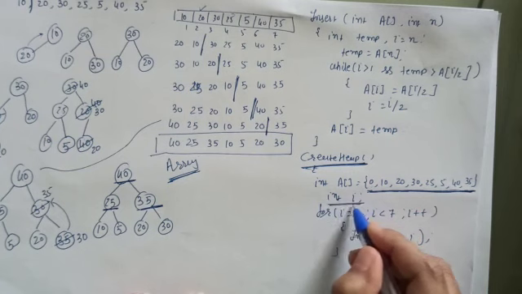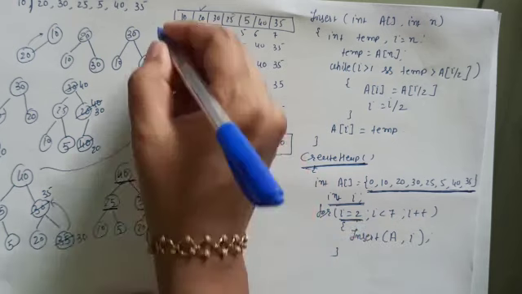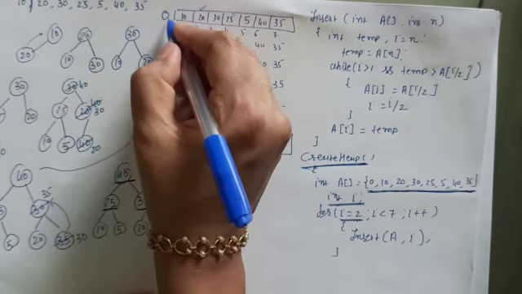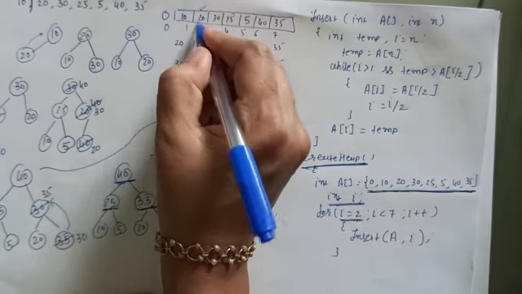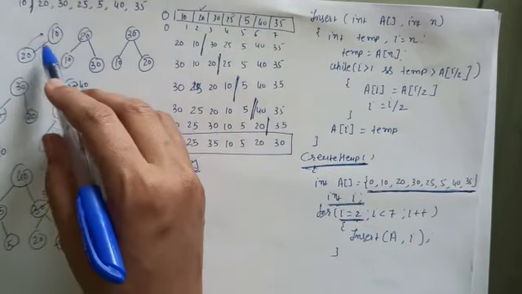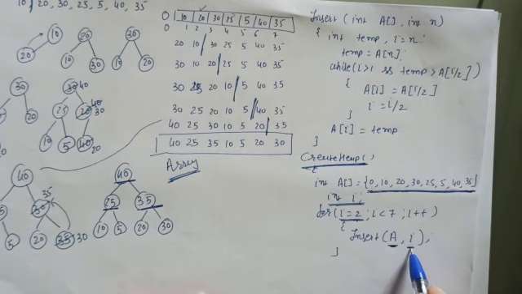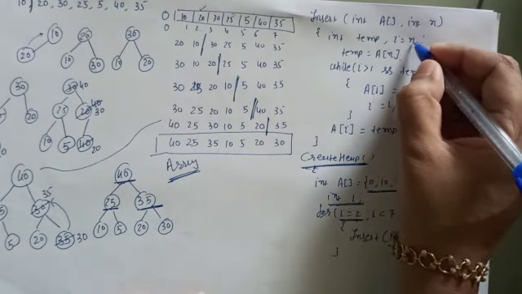Then integer i, my index i would start from 2. If we consider 0 here, this is 0, index 1 and 2. So I'll pass this 2 first because 20 is compared with 10. Here I am passing the array by reference and passing index i, so that n is equal to 2.